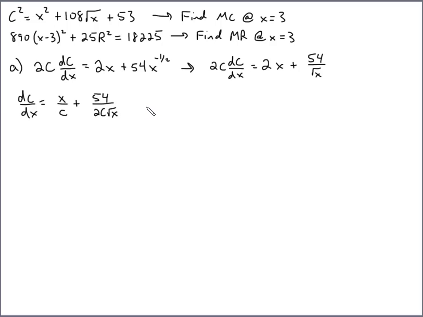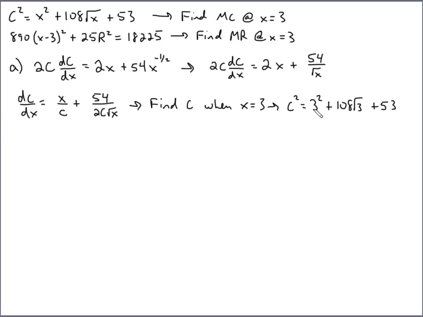Okay, so we want to find this when x is equal to 3. Unfortunately, though, it doesn't tell us what c is when x is equal to 3, so we have to also find that. So next step, find c when x is 3. To do that, we have to go back to the original equation and plug in x equals 3. c squared is equal to 3 squared plus 108 root 3 plus 53.